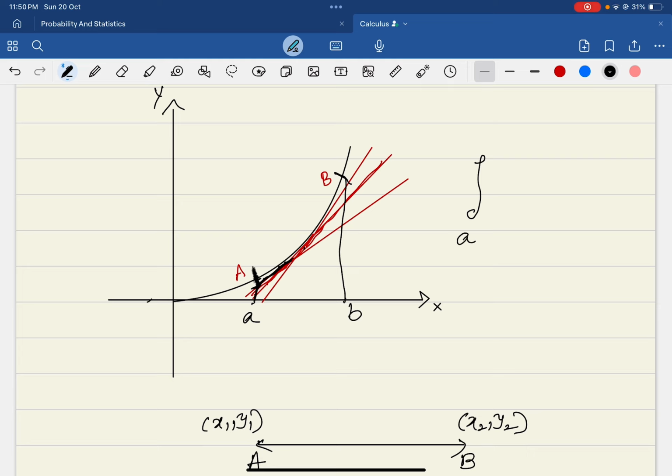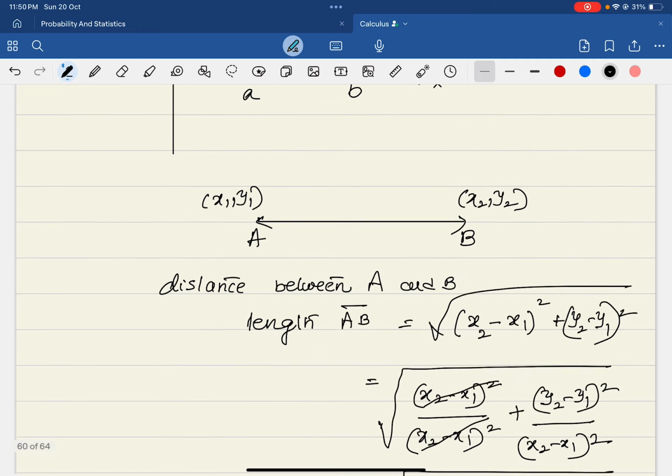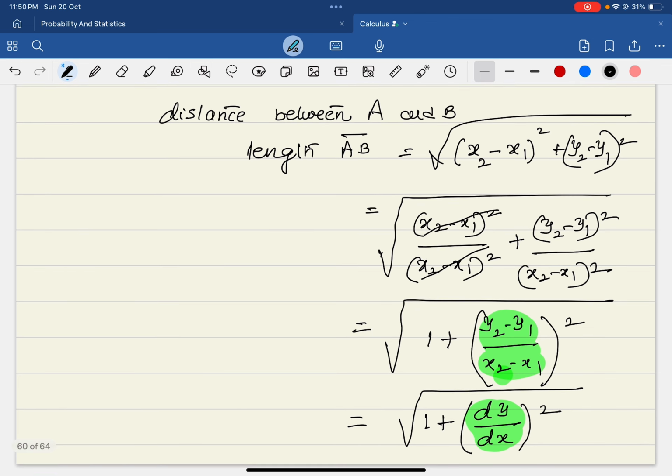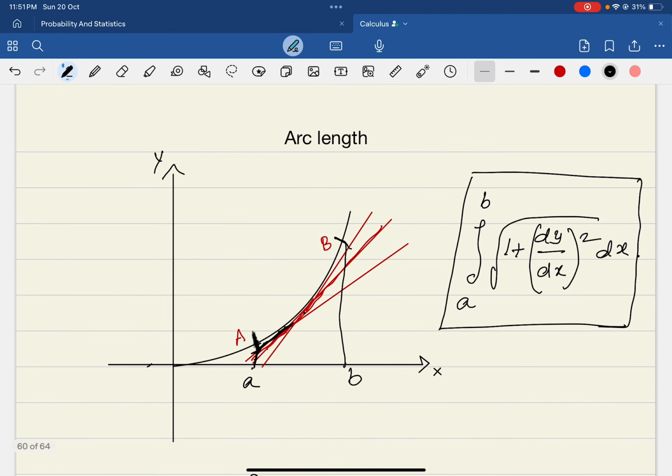So when you integrate from a to b, it is the square root of 1 plus (dy by dx) the whole square, dx. This is the formula to calculate the arc length, which has come from the method of finding the length of a line segment. So let us remember this: the arc length is the integral from a to b of the square root of 1 plus (dy by dx) the whole square dx.